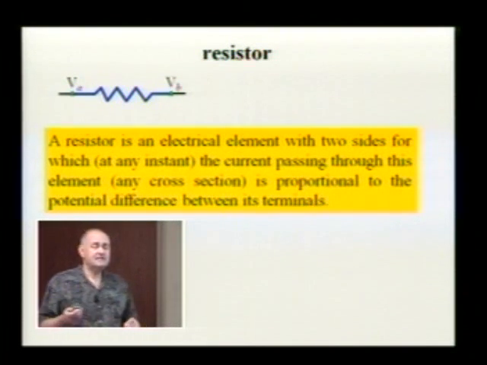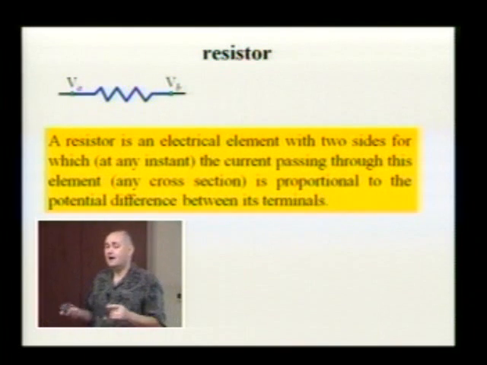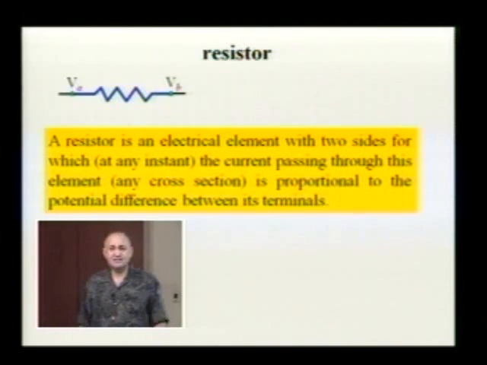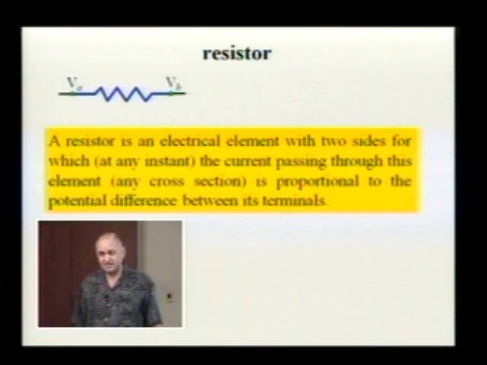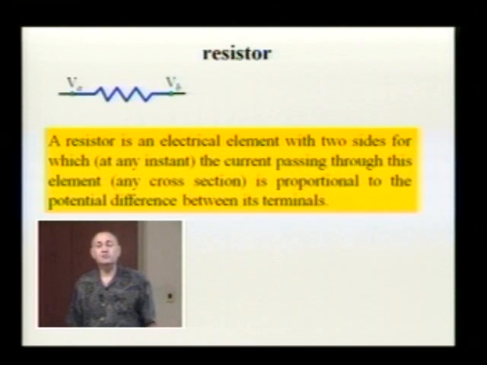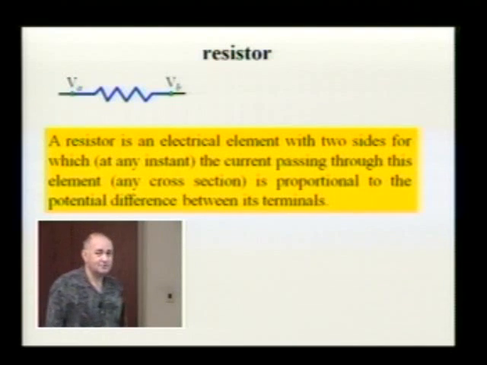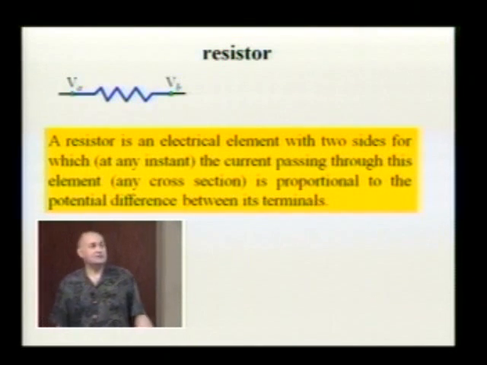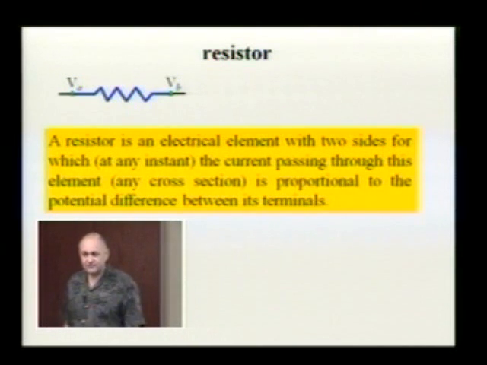And like in a capacitor, I want you to be precise about the relationship between current and potential difference. Like in case of capacitor, I wanted you to know which potential difference to relate to which charge. Here we have to be also consistent, which current to relate to which potential difference.